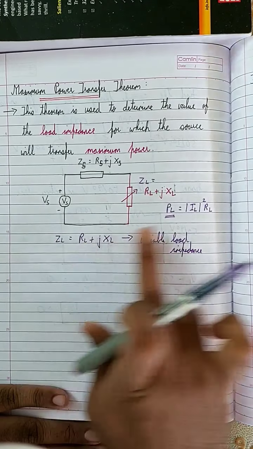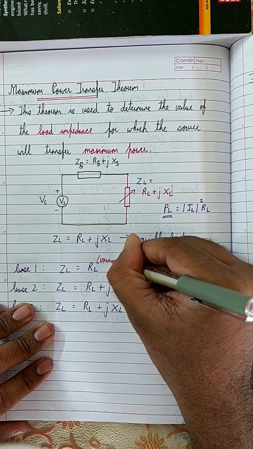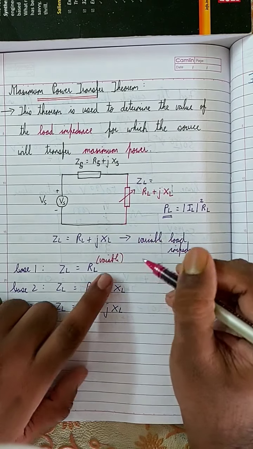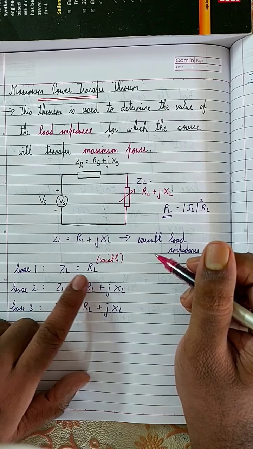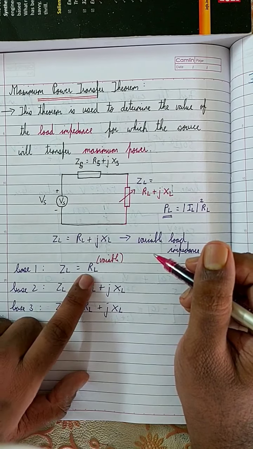This means that this RL over here is variable. In case 1, we'll assume that the load impedance is a variable load resistor. In case 2, we will assume that the load impedance is a variable resistor and also a variable reactance. When I say variable resistor, it can either be a rheostat or a potentiometer.